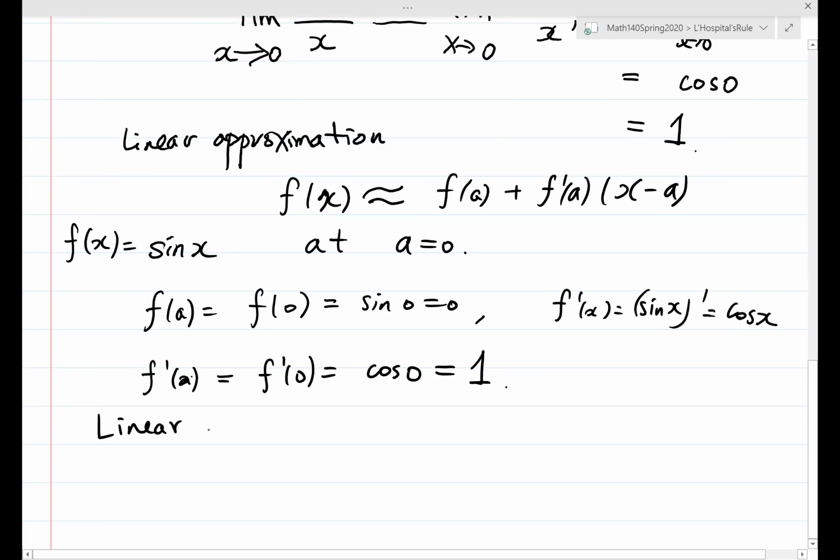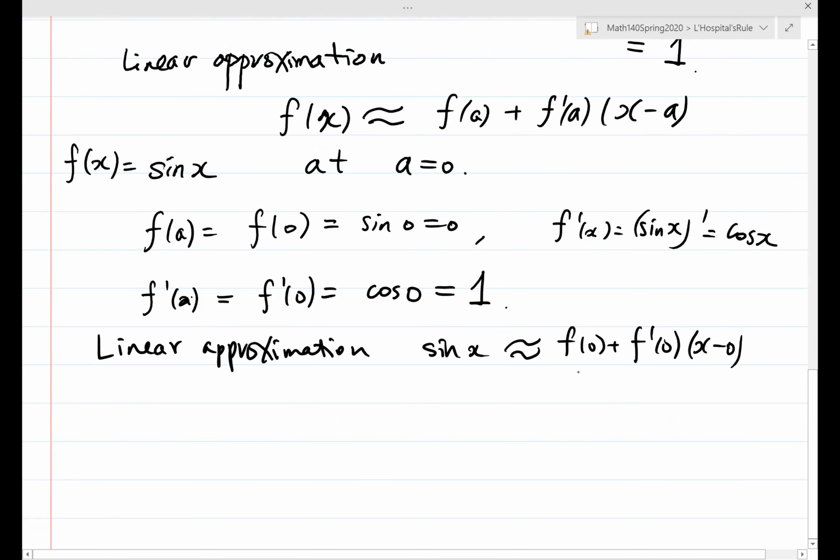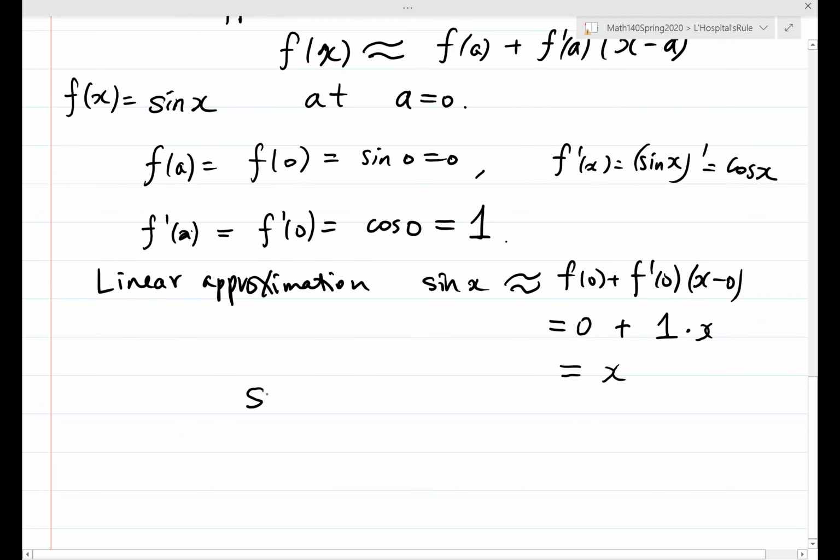If you write down the linear approximation of sine x, we get that sine x is really close to f(0) plus f derivative at 0 times (x minus 0). Here a is 0, f(0) is 0, and f derivative at 0 is 1. So x minus 0 is simply x. This linear approximation says sine x is really close to x.